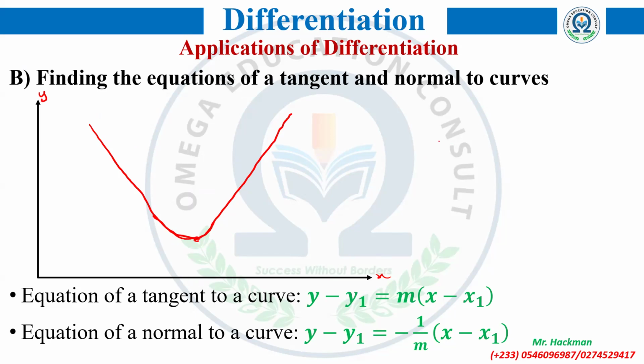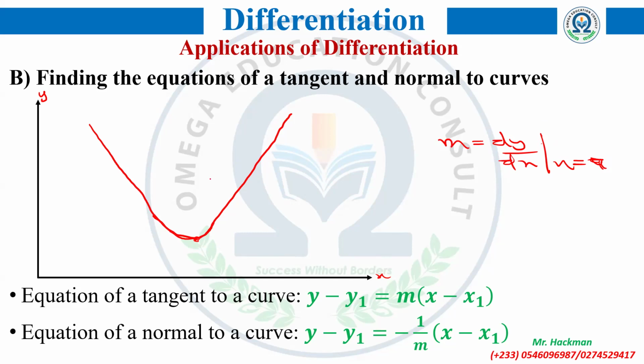The gradient m of any curve at a particular point will be given by dy/dx, your gradient function evaluated at the x value, at x = a. But if it is an implicit function, then you have to evaluate it at both x and y, so you have to substitute in the x coordinate and the y coordinate. I said that in that particular lesson that I referred to.